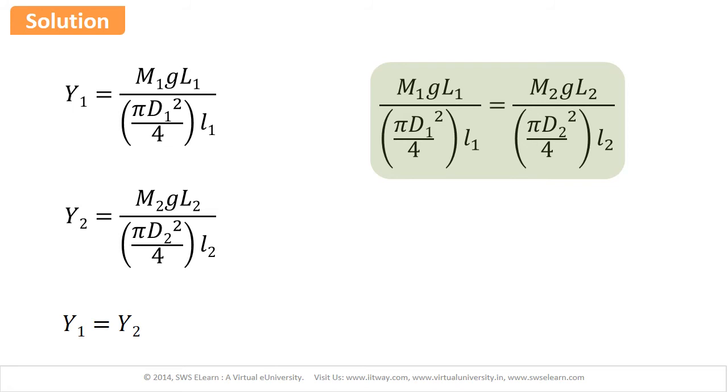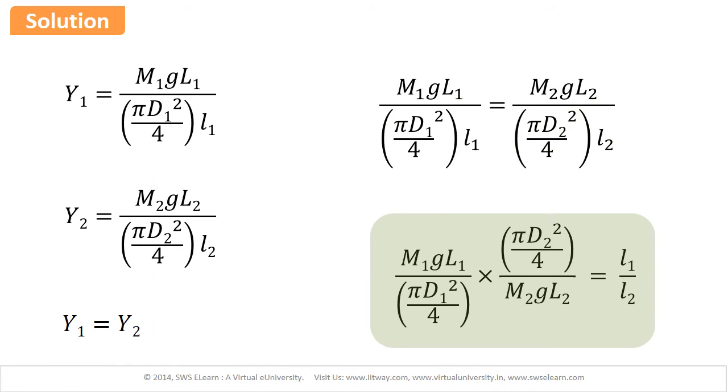Solving for the ratio of small l1 upon small l2, that is, extension in the first wire upon extension in the second wire, we get M1g L1 upon pi d1 square upon 4 into pi d2 square upon 4 whole upon M2g L2, and that is equal to small l1 upon small l2.